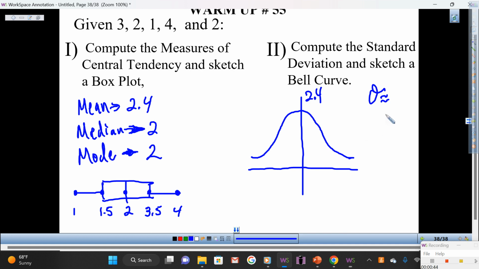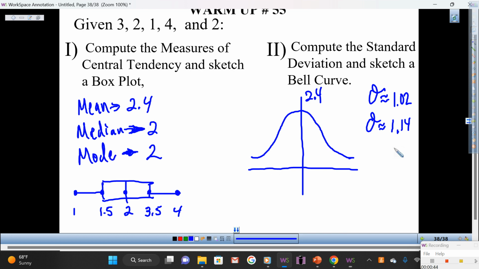Zach, what'd you get? 1.02 approximately. Hands if you got something like that. Who got something different? Maddie, what'd you get? 1.14. Hands if you got 1.14?